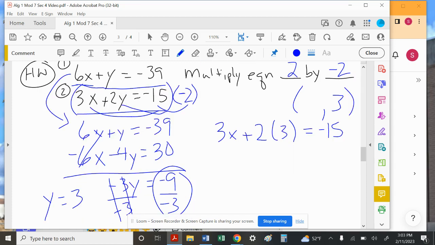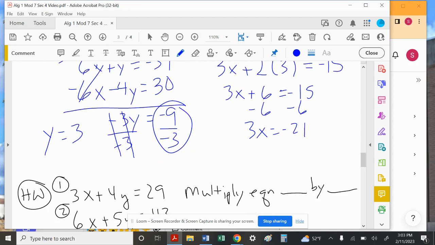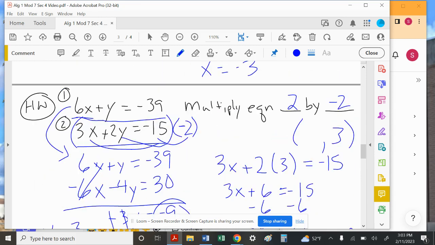I then get 3x plus 6 equals negative 15. I then do minus 6 and minus 6. I get 3x equals negative 21. And then dividing both sides by 3, I get x equals negative 7. So my answer would be negative 7, positive 3.